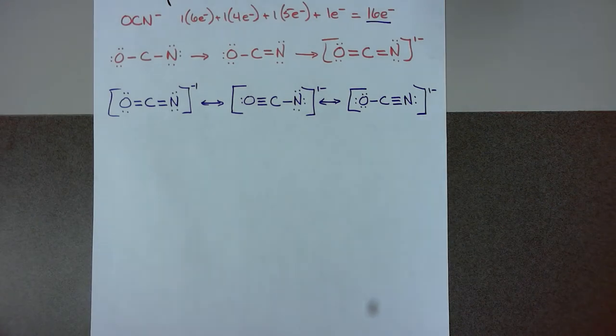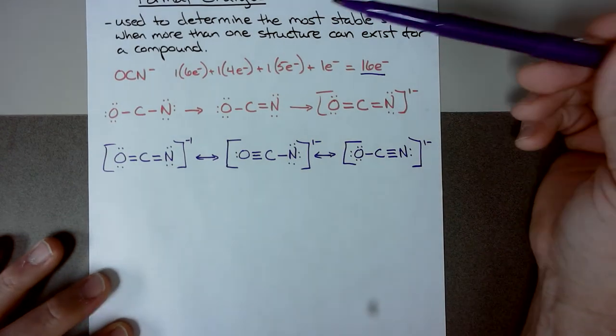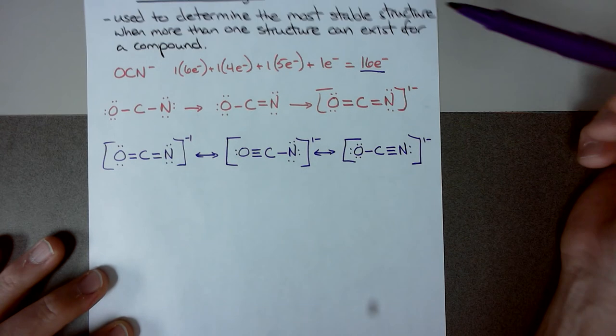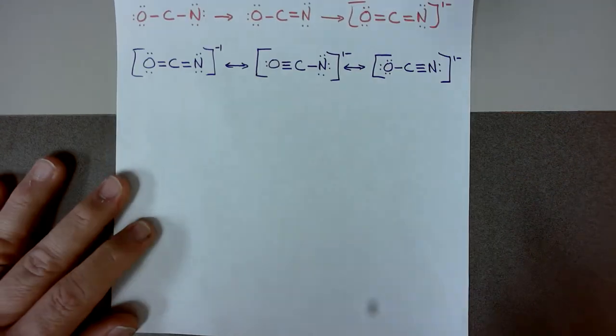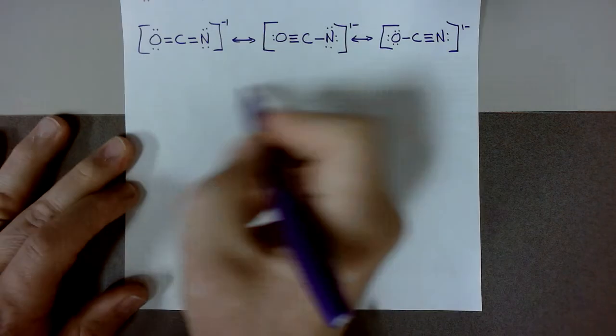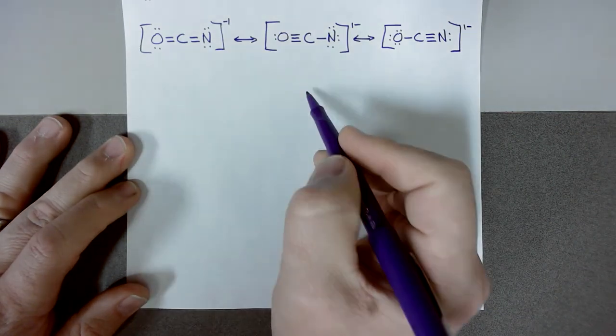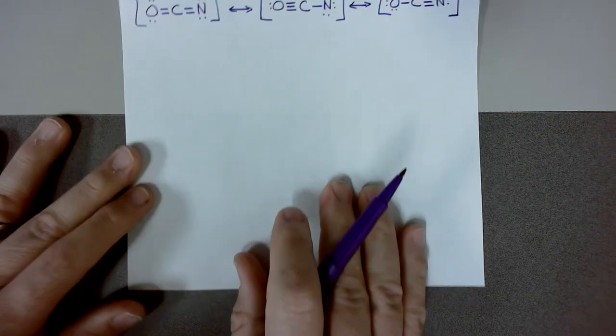Well, what we use is formal charges, just like I said up here. Formal charges are used to determine the most stable structure. And you can have more than one possible. So how do we figure out formal charge? Now I'm going to leave a little bit of space here because I'm actually going to calculate the formal charges below this, but let's write out the rules for formal charge.